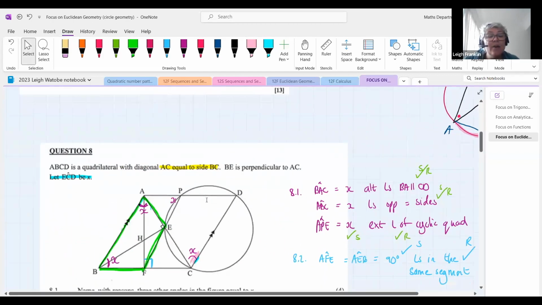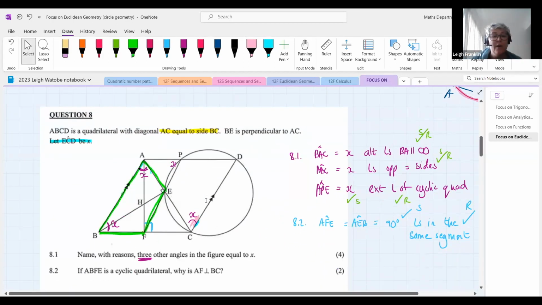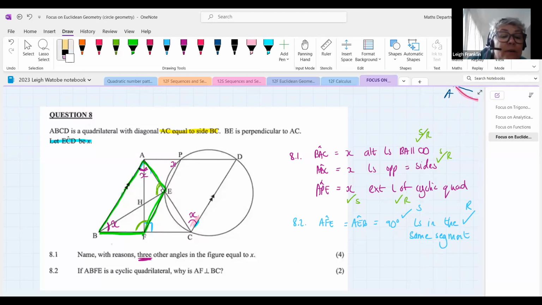So inside here, what you've got in this green cyclic quad is those diagonals from vertex to vertex. That's why this angle over here, E, and this angle over here, it doesn't include that little bit. Let's just get rid of that green line. It's just this angle over here.